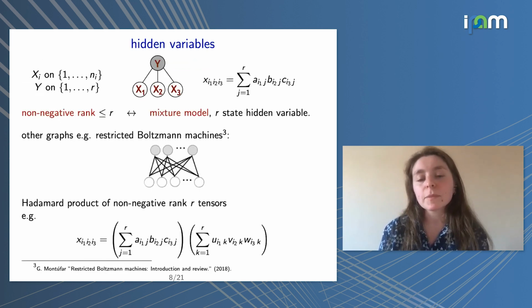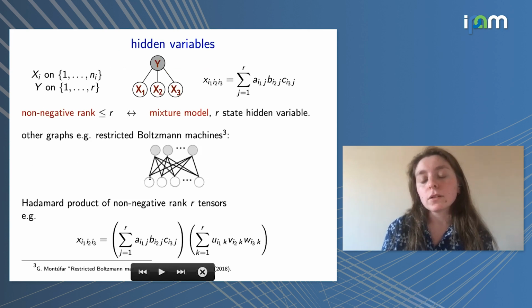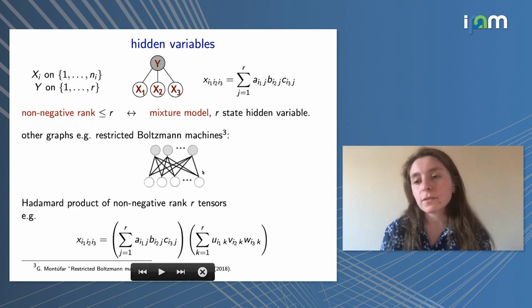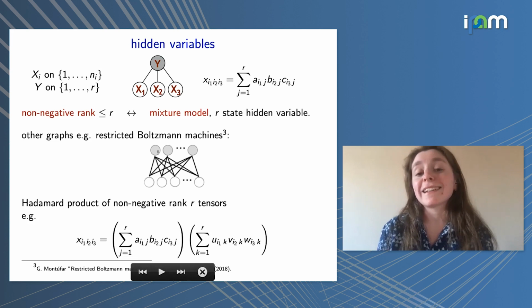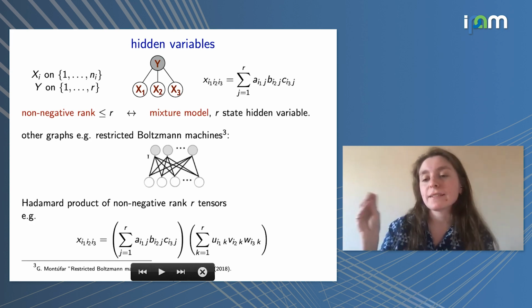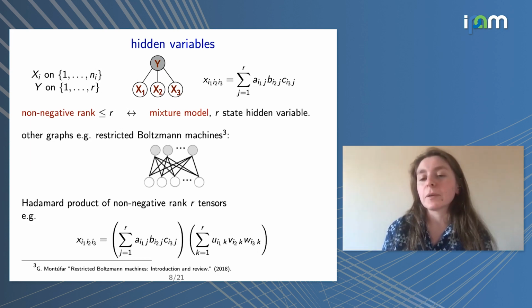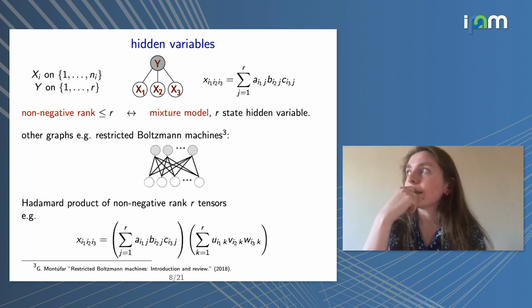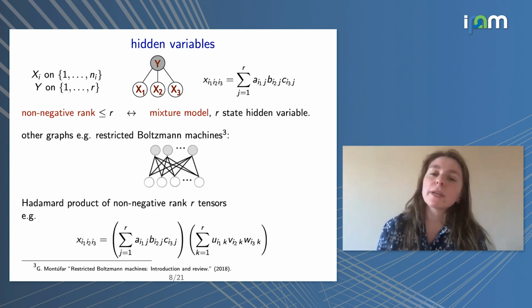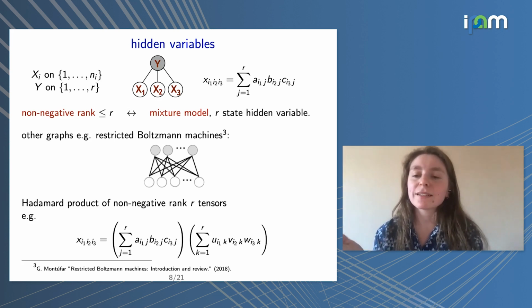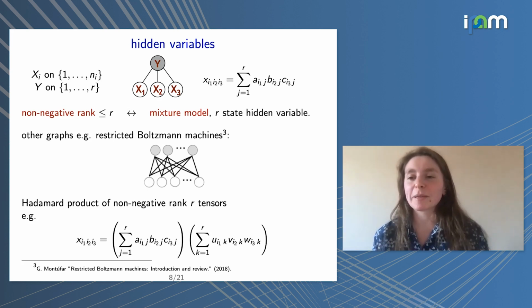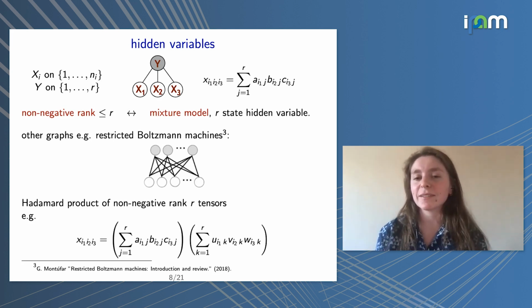So always the recipe is to look at your graph. So for example, in this graph, and look at the cliques of the graph, and these give the subtensors that you're going to multiply together, and then you sum over all the hidden variables. Often in practice, it makes most intuitive sense from the statistical perspective to have hidden effects that are not themselves connected to one another.